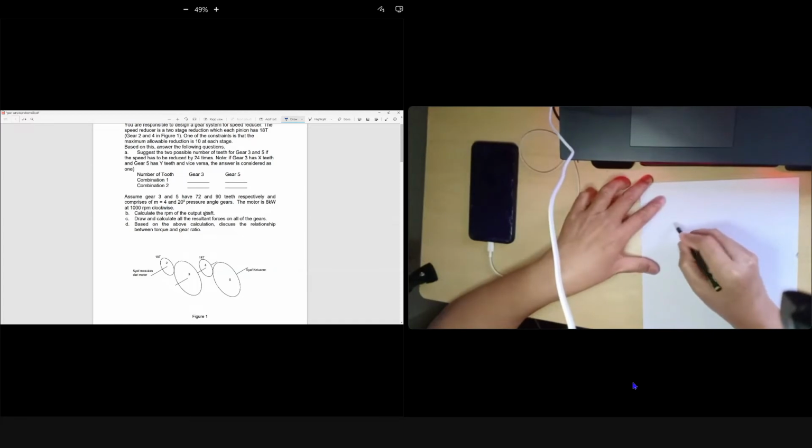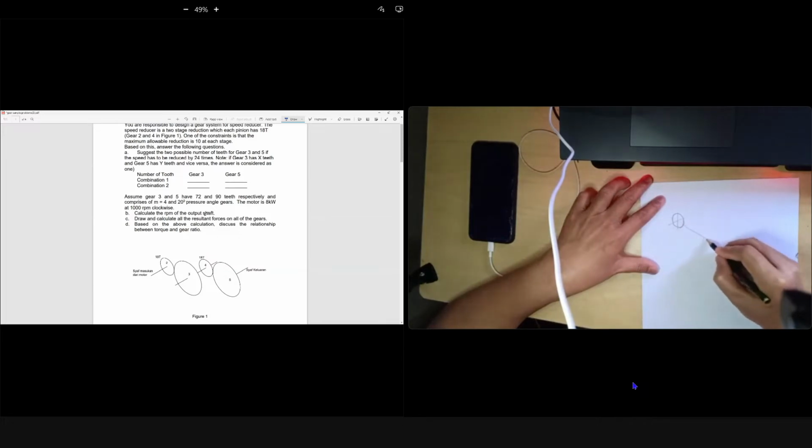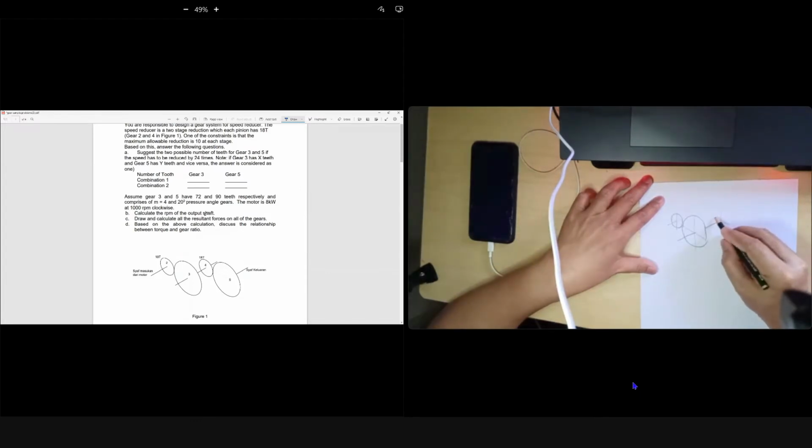The second part. Assume gear 3 is 72 and gear 5 is 90. Both gear 2 and gear 4 are 18. The input shaft is this one, with gear 2 on your input shaft. Calculate the RPM of the output shaft. So how do you calculate this? We have this small gear and this bigger gear, a shaft in the middle, and at the back we have gear 4.